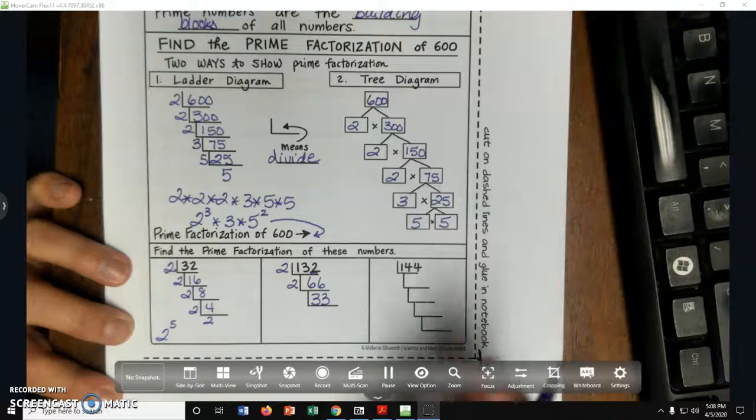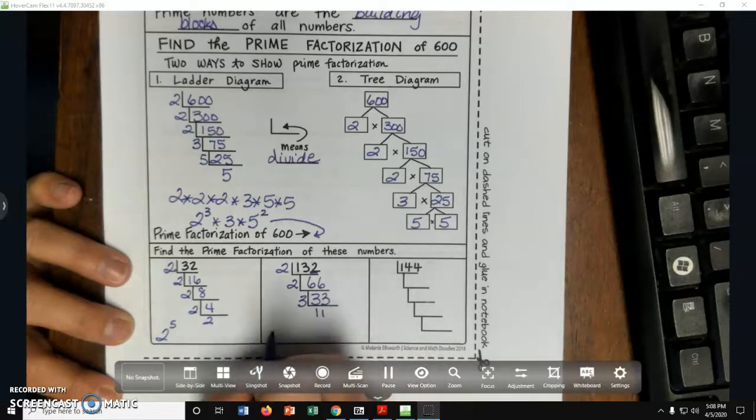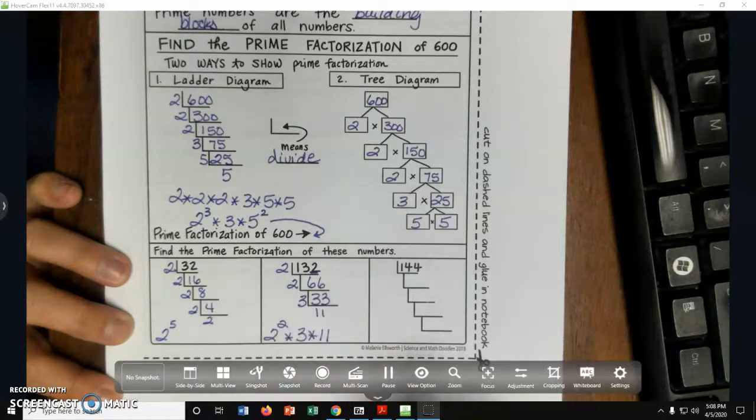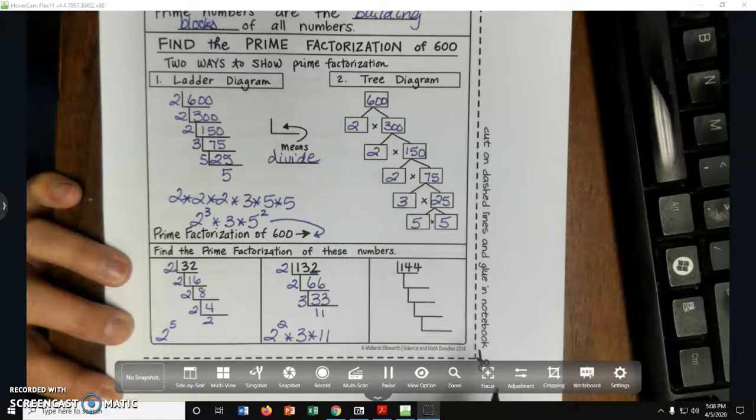No, because it is not even. My next prime number would be 3. Is 33 divisible by 3? Yes, it is. 33 divided by 3 is 11. So prime factorization is 2 to the second power times 3 times 11. 2 times 2 times 3 times 11 equals 132.